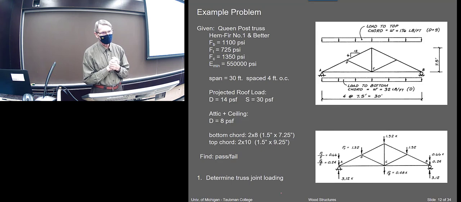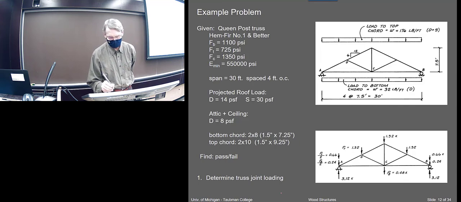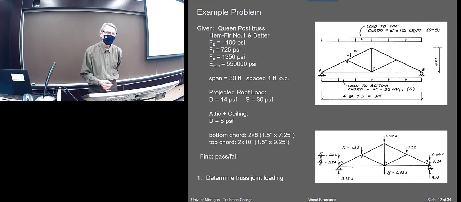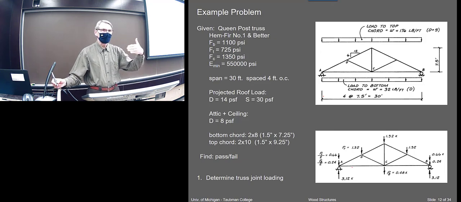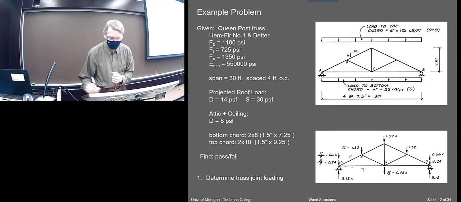This is an example that was based on one that is in Breyer's textbook, although I don't think he did the top chord. I think he just did the bottom chord. I went ahead and did both chords, so we could look at an example of tension down here and compression up there.